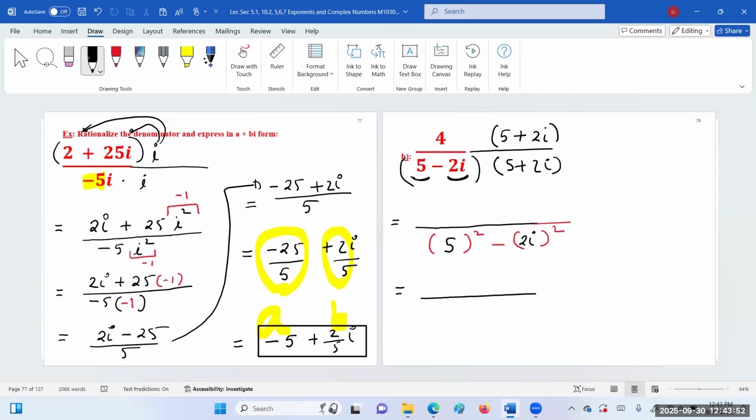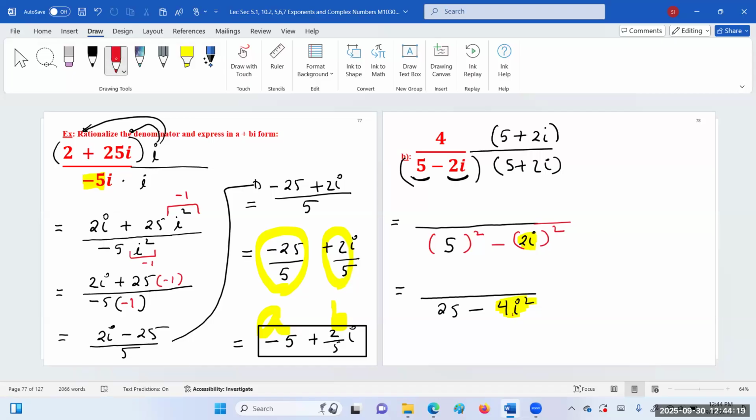But since 2i is 2 factors, 5 squared is 25, we all know that. And what is 2i whole thing squared? It's definitely not 2i squared. It's 2 squared times i squared. So it's 4i squared. This 2i turns into 4i squared.